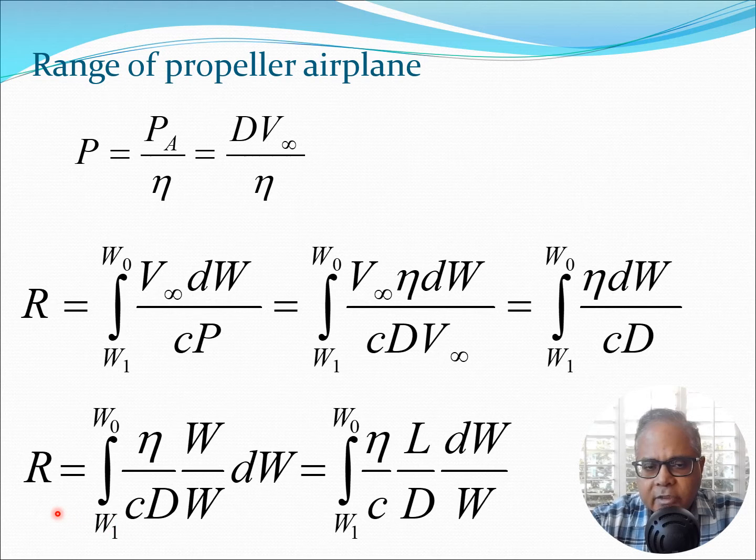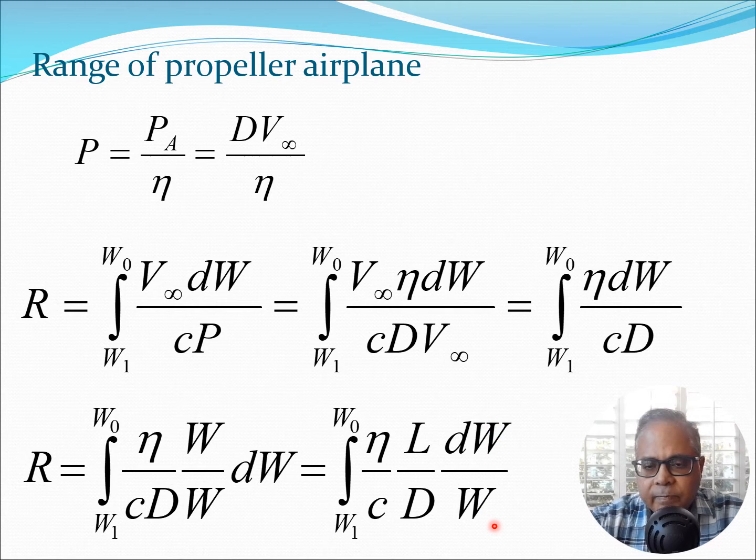Now let's again continue to further simplify this equation. So what I can do is I can write this as eta over c times L over D times dW by W. Essentially nothing stops me from writing W by W, because both these are the same and so they would get cancelled. And then I use the fact that we are in steady level flight, therefore the weight here is equal to the lift. So I can bring this L here, and then I can take the second W and bring it below the dW term.